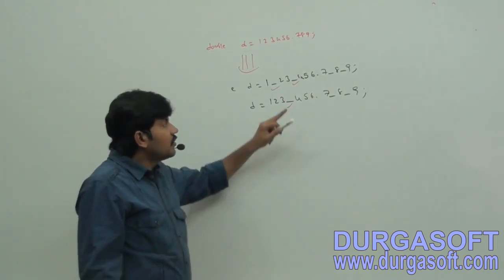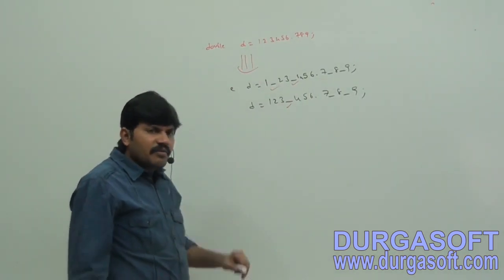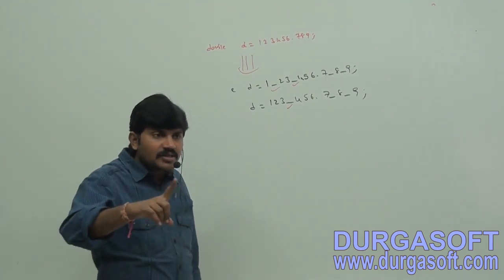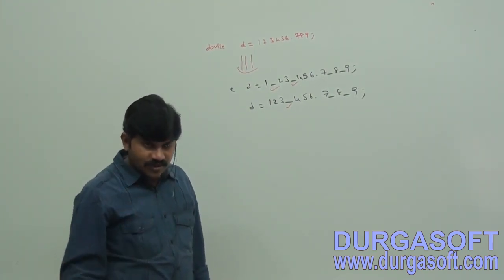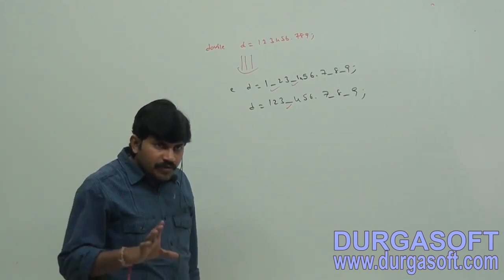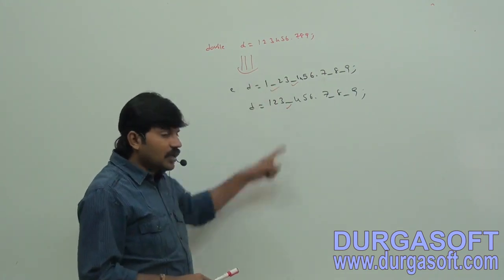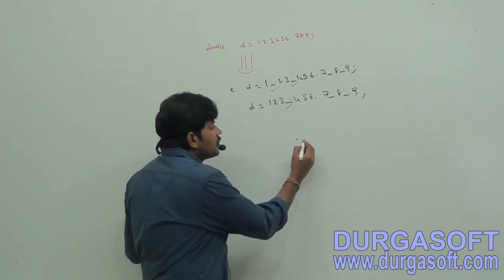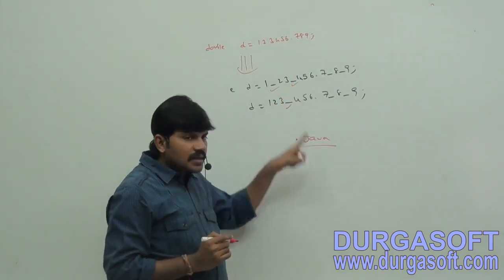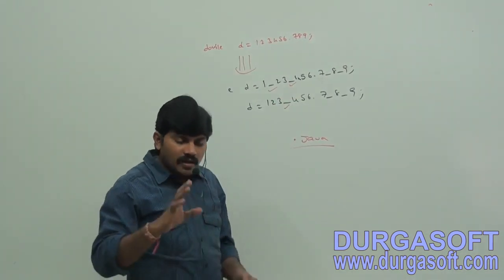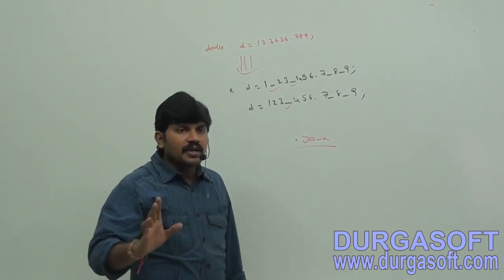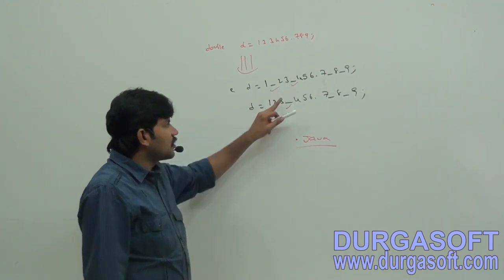Make sure this is required for readability, and readability is required in the .java file, not in the .class file. No one is going to open the .class file. Everyone is always going to read our code, which is nothing but the .java file. So this applies only to the .java file. At the time of compilation, the compiler will automatically remove these underscore symbols.